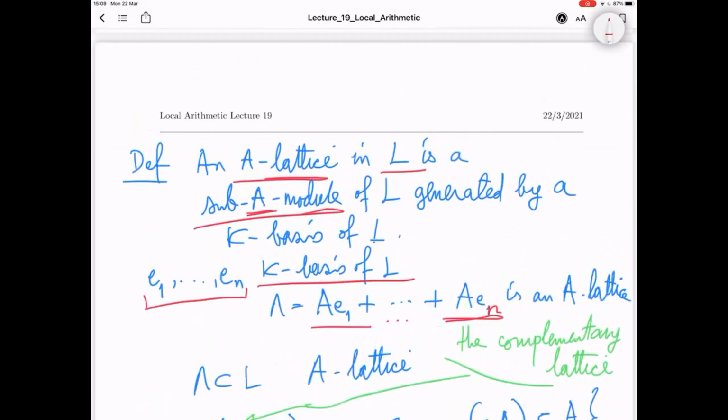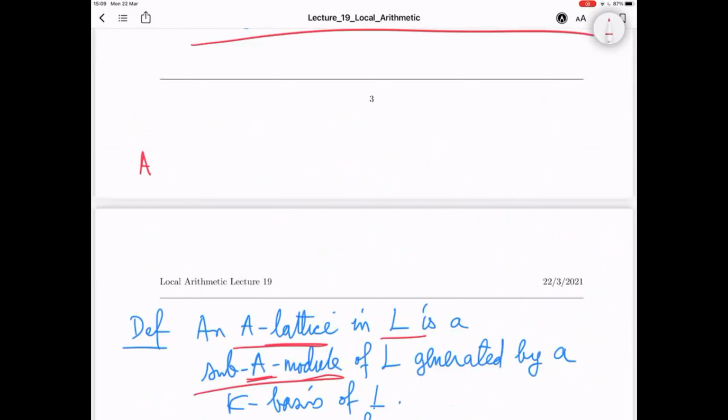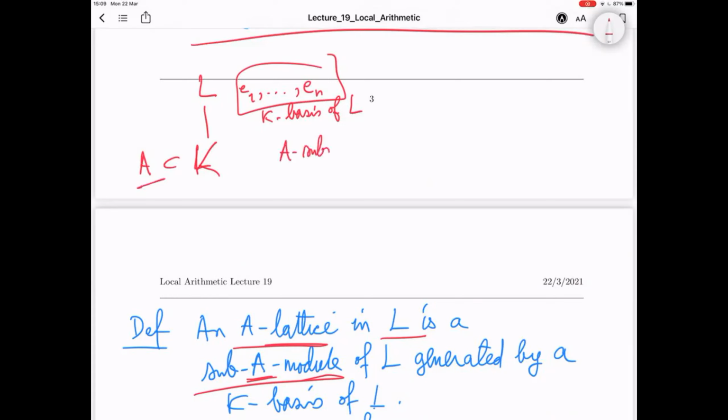So what is happening is I have A here inside K, and L is a finite extension. Then I have a basis E1 to En, a K basis of L. Just think of them as certain elements and take the A submodule generated by these n elements, E1 up to En.